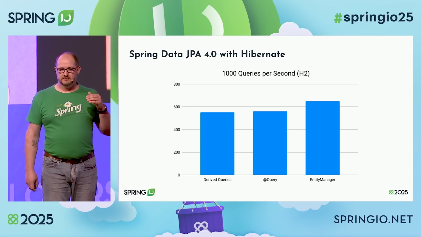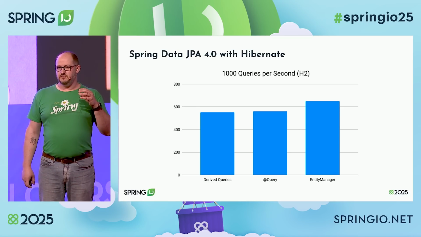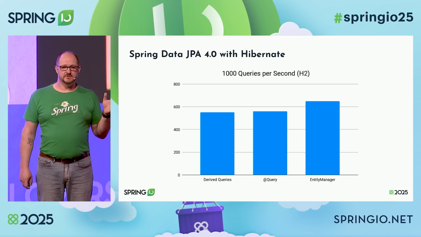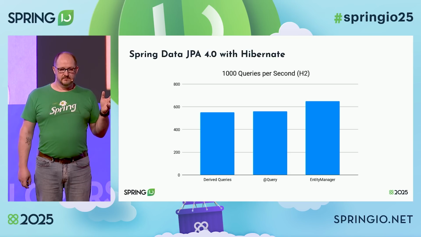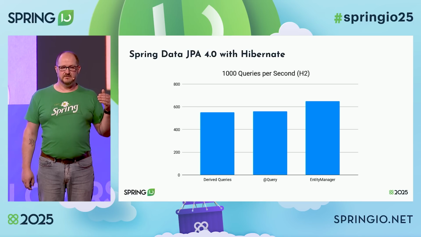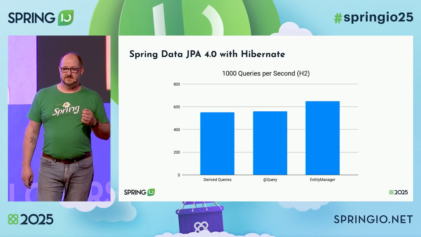So everything is going to be on par. Clearly, if you are after peak performance, then you would use the entity manager directly and bypass the entire repository business at all. And for you, that means you don't have to change a single line of code. You just upgrade in November to Spring Data 4.0 and get derived queries as fast as your @Query annotation. And I think that is a pretty neat outcome of that exercise.